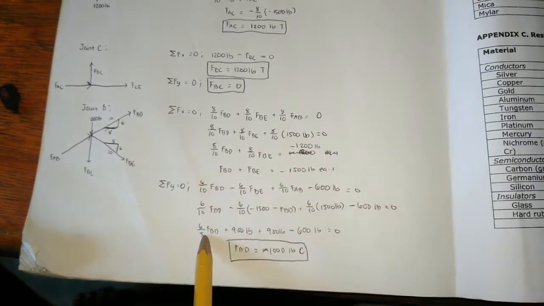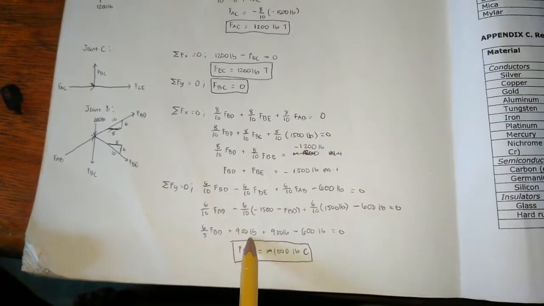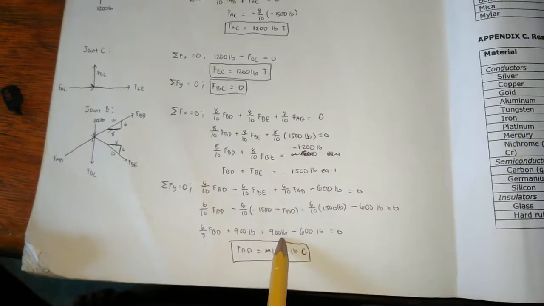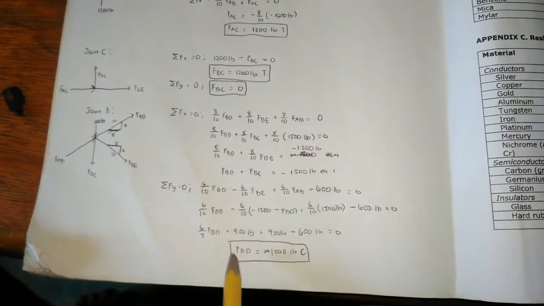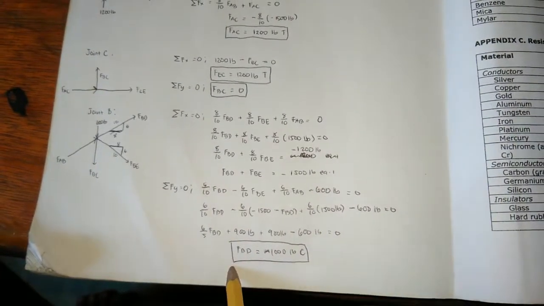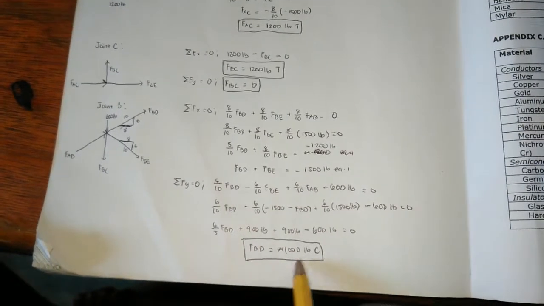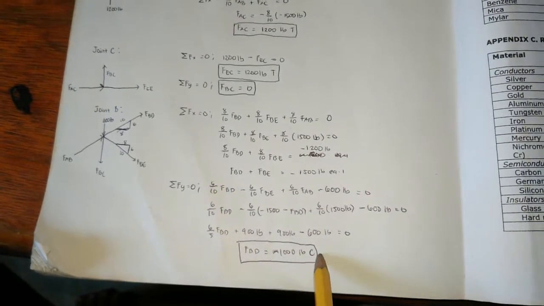So we have 6 over 5 FBD plus 900 pounds plus 900 pounds minus 600 pounds is equal to 0. So the value of FBD is 1,000 pounds compression.